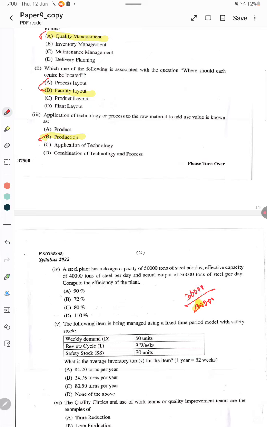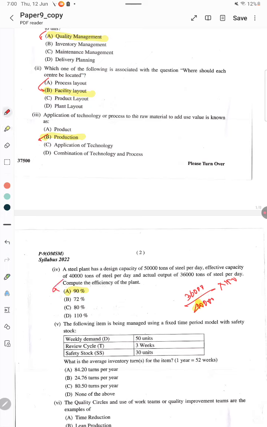What is the formula? Actual capacity divided by effective capacity into 100. So 36,000 divided by 40,000 into 100, that is 90%. That is the correct answer. Please make note of it. 90% is the correct answer.